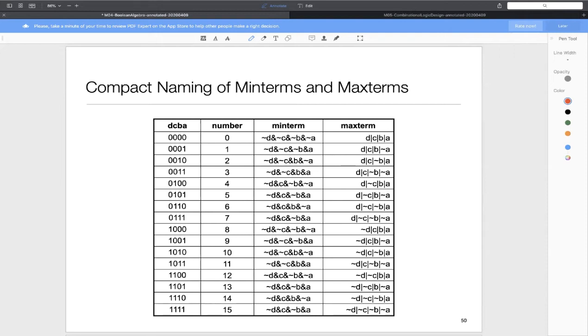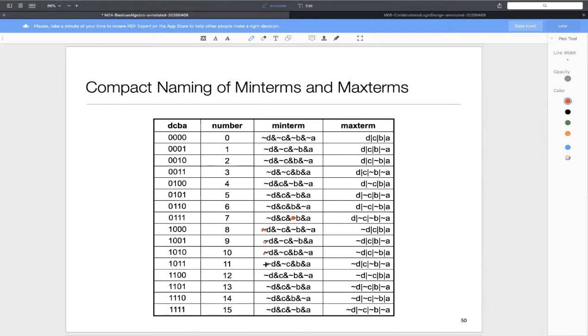I have made an error out here. So 0001, 0010, 0011, 0100, 0101, 01. So up to this point, yeah, I think I made an error out here. And then these have to disappear.